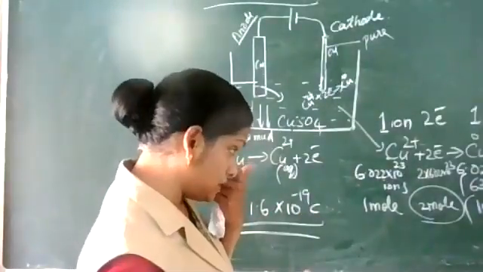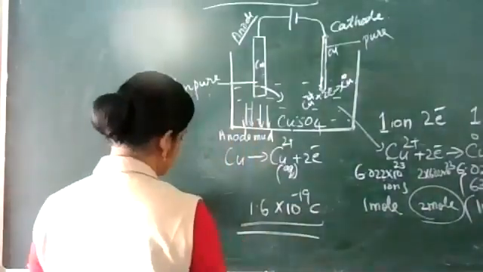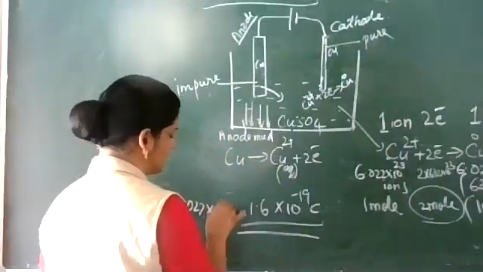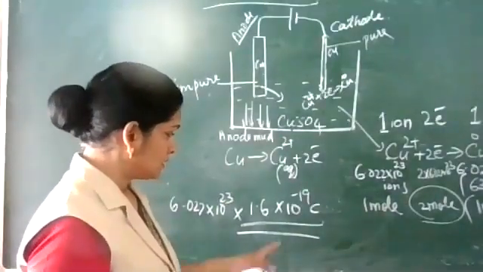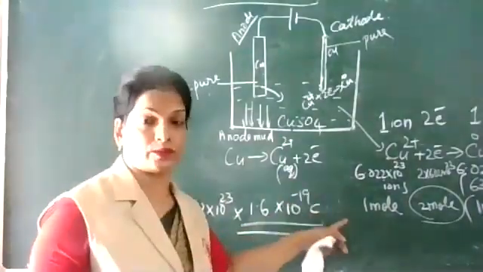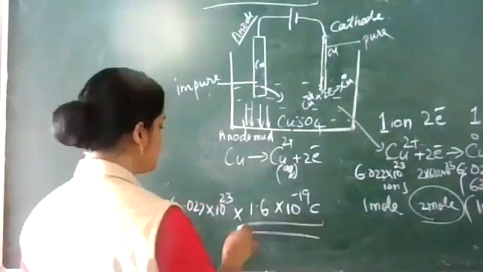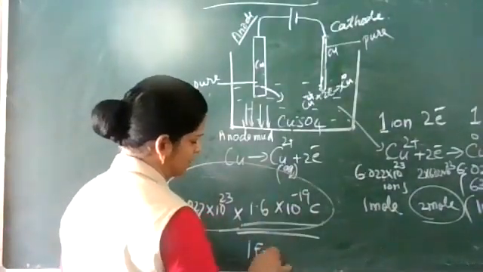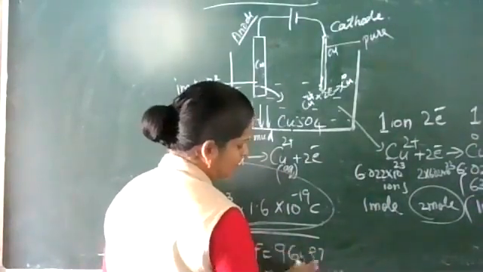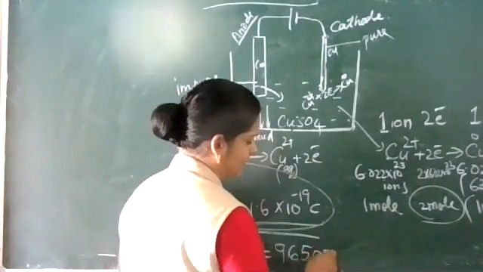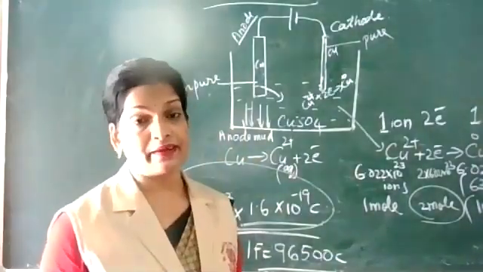That is 1 electron's charge. 1 mole of electrons' charge means 6.022 into 10 to the power 23 times that. This much charge, this much coulombs, is called 1 Faraday. If you calculate, you will get 96,487, but you will take it as 96,500 coulombs approximately. 1 Faraday is equal to 96,500 coulombs.